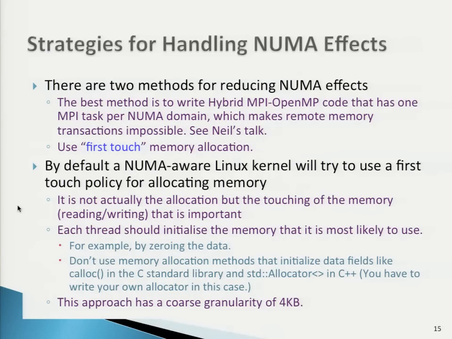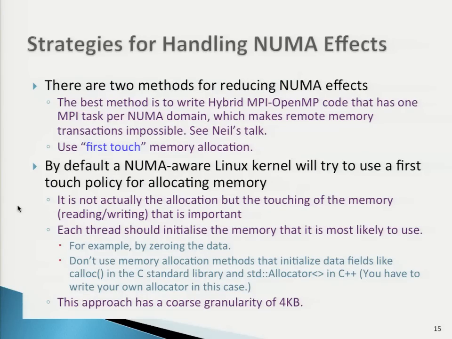Now this leads to an obvious problem, because what most people do when they allocate memory for storing their matrices or their buffers or whatnot is they then have a simple for loop that goes through and sets it all to 0 or 1 or whatever the values are, and they don't put an OpenMP statement on that loop.